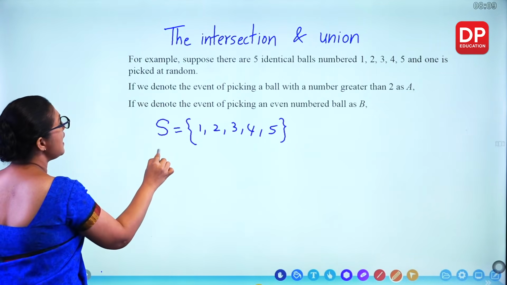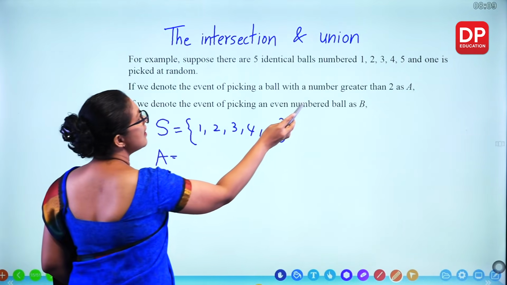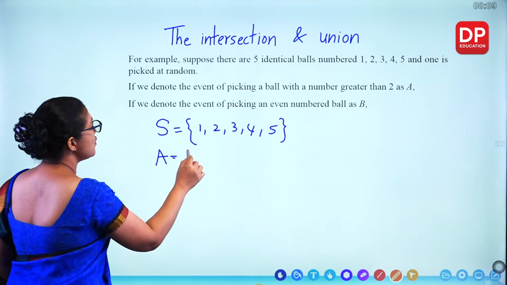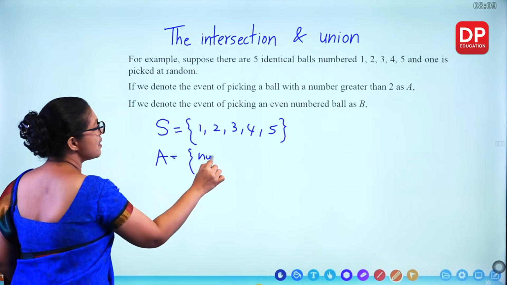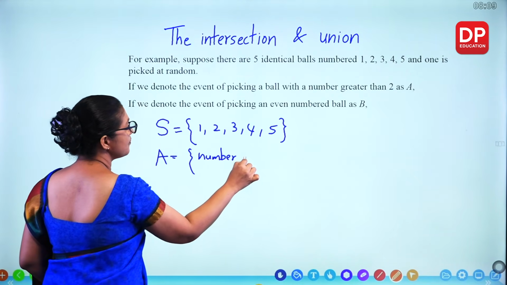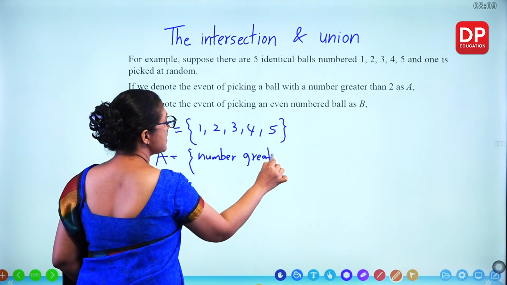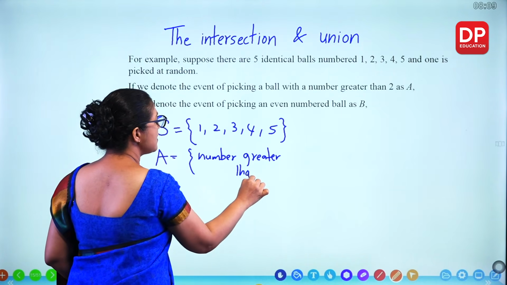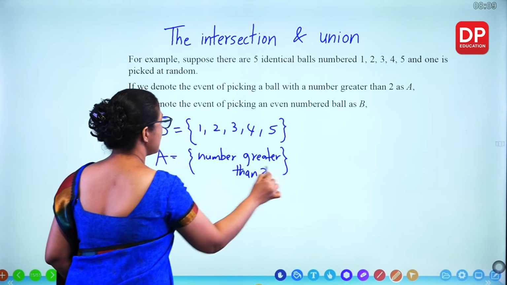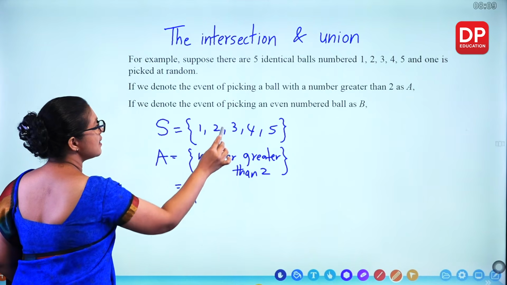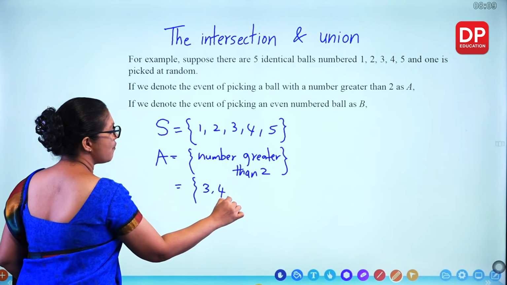And the event A is a number greater than 2. Number greater than 2 means what numbers? You can get 3, 4, 5.